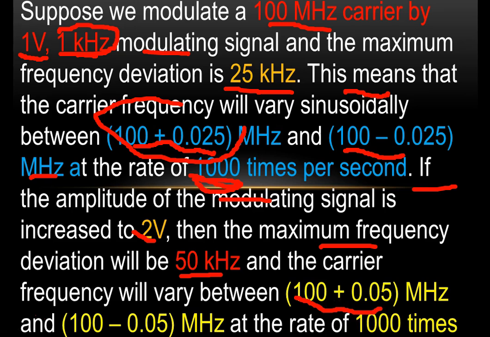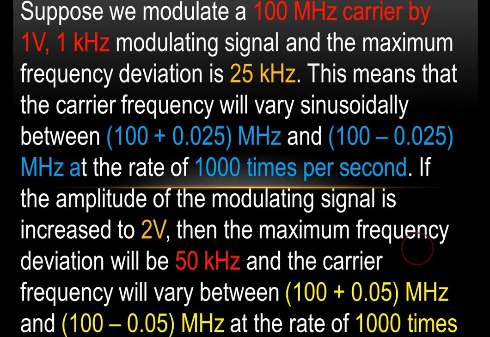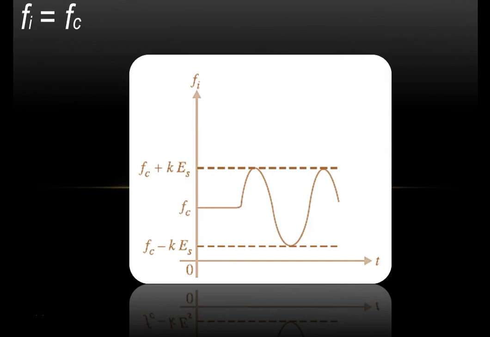And the frequency variation between the upper and lower sides will be between these two limits, and it will take place at the rate of the modulating frequency, meaning 1000 times per second. Now here this is a graph.